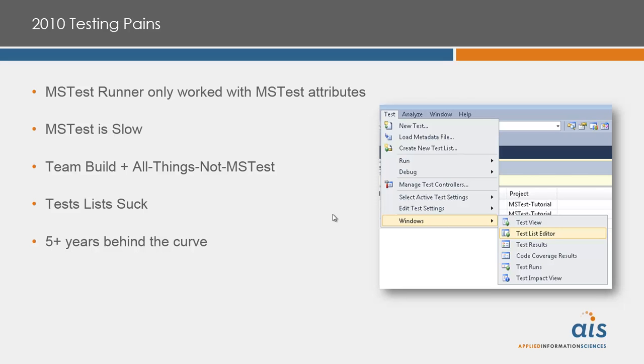The ReSharper test runner is very good. The ones from the Telerik group are very good. TestDriven.net was great. There's the Galileo runners that are out there as well. But in order to use some of those other testing frameworks, which were really good and really innovative, things like SpecFlow and the new theory fact infrastructure that came with XUnit, you had to leave this entire experience, and it wasn't very discoverable for a lot of organizations.